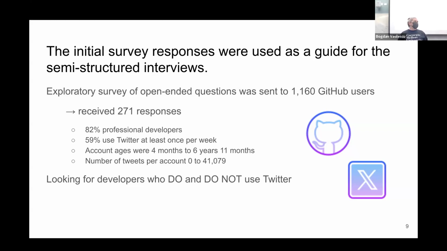Any more thoughts on this? Has anybody else looked at this? I have a question. Does the exploratory survey help come up with the research questions, or are they written up before that?